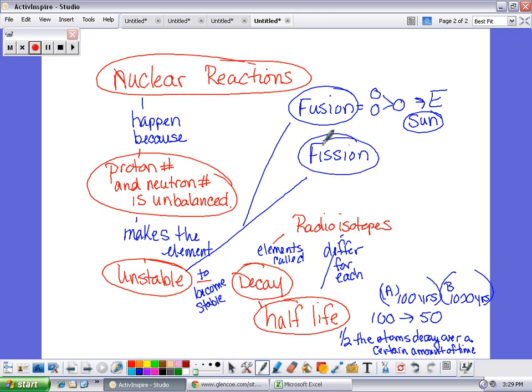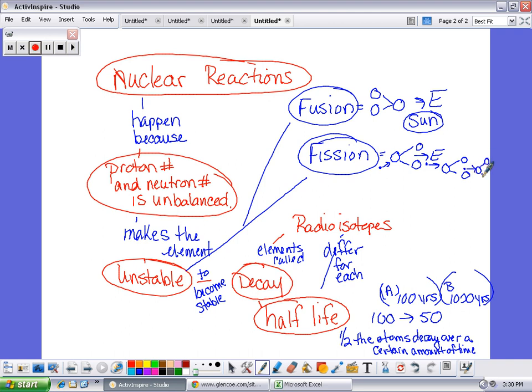Fission is our other one, where you take one and you split it into two, and given off is energy also. And it takes a little neutron to hit into that atom to make it split. So once it splits, another neutron is given off, which will hit another atom, which then will split that one. And then this one gives one off, and then will hit another one.